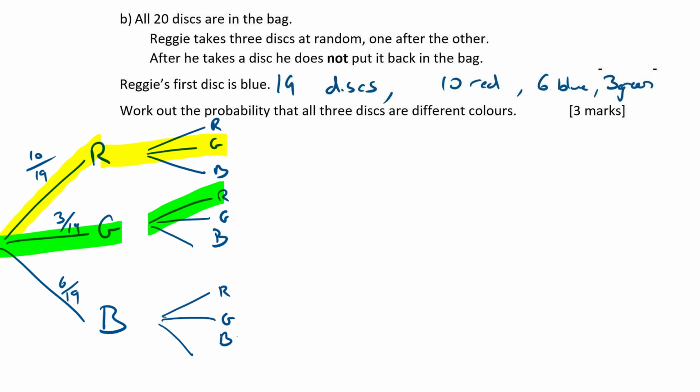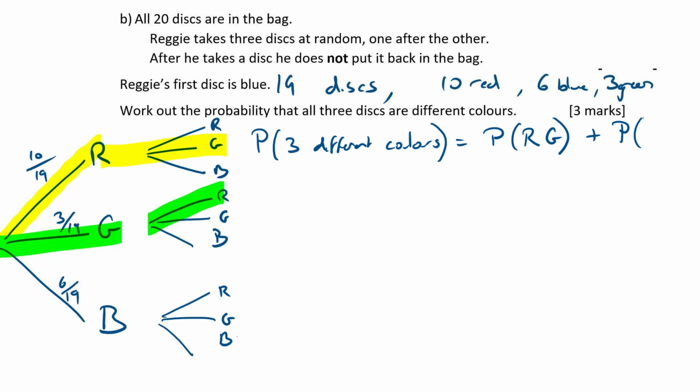So we want the probability that they are 3 different colours. That is going to be the probability of picking red followed by green, or, which means add in probability, green followed by red. Now I know the probability of red on that selection was 10 over 19.